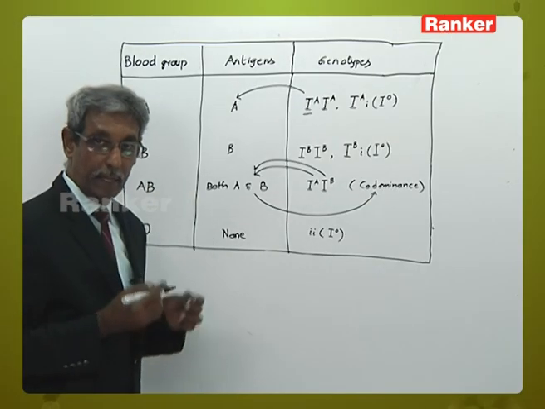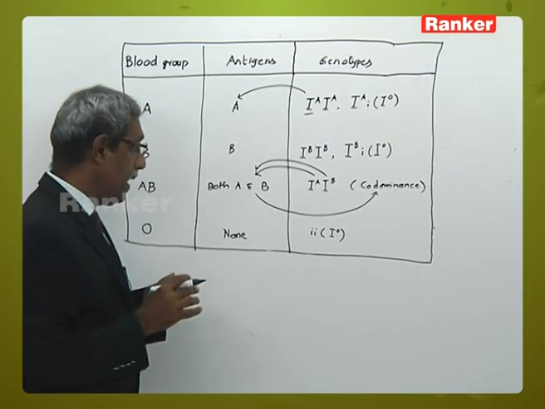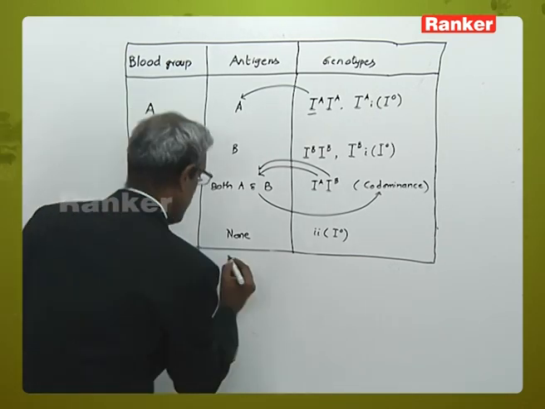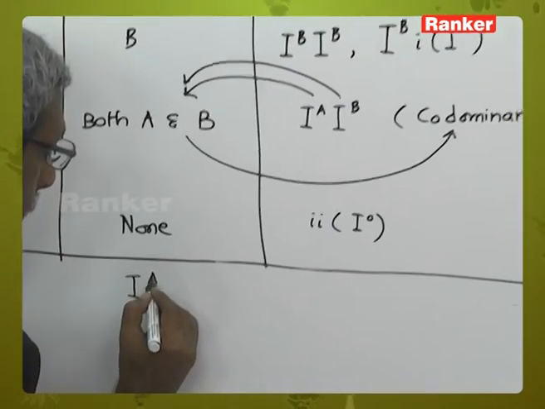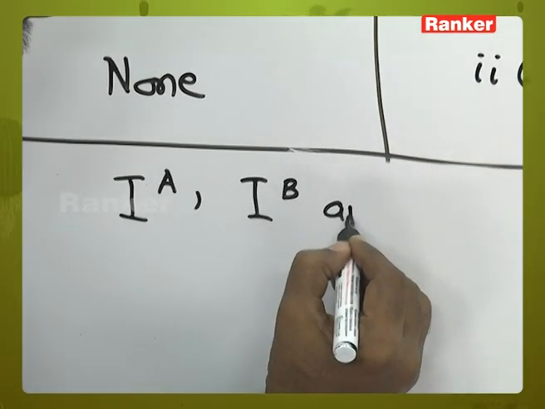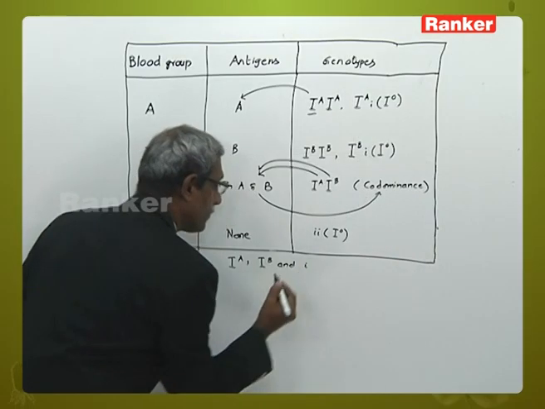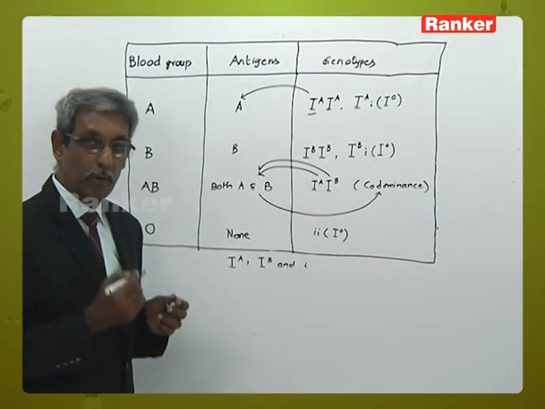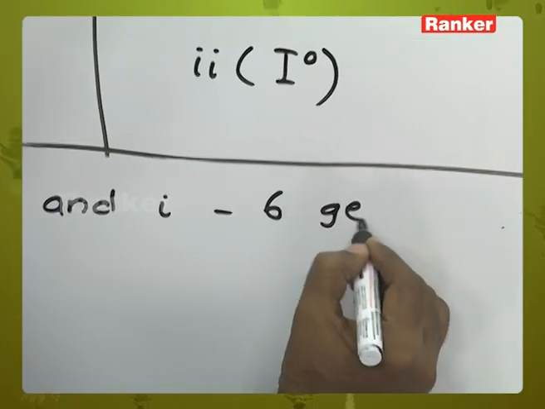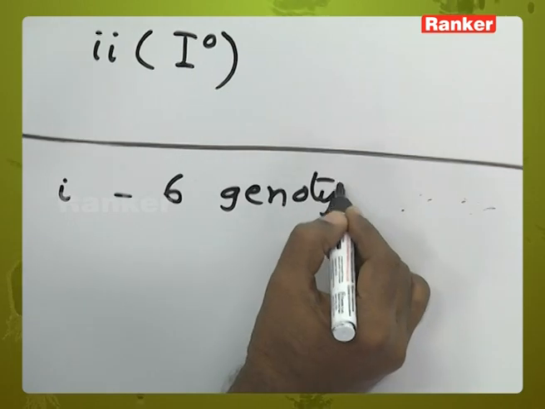They both are expressed. And when you take the combinations of IA, IB and i, you will find there is a presence of 6 genotypes. There is always a presence of 6 genotypes.